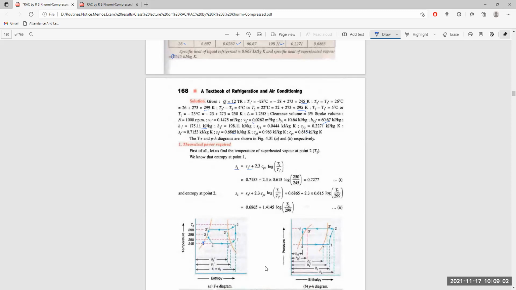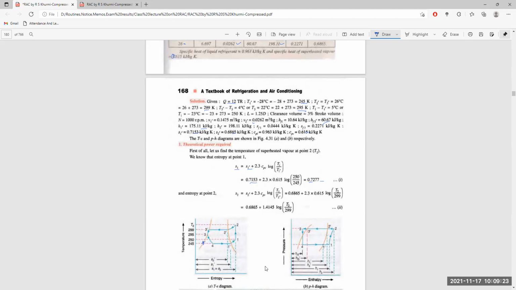S1 dash is given as the entropy at vapor state at low temperature, 0.71. So if we put all these values, the entropy at point 1 is 0.7277.